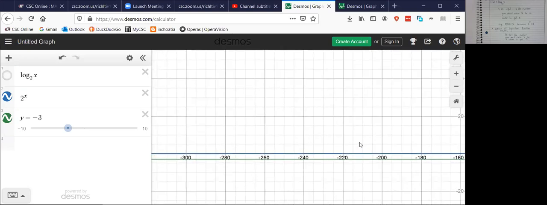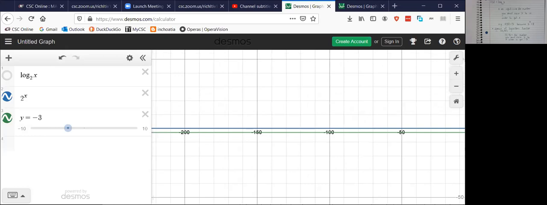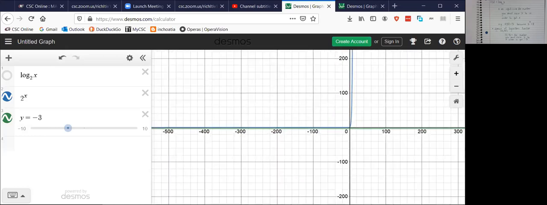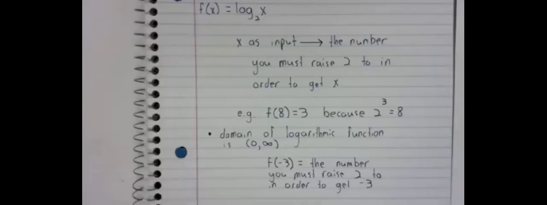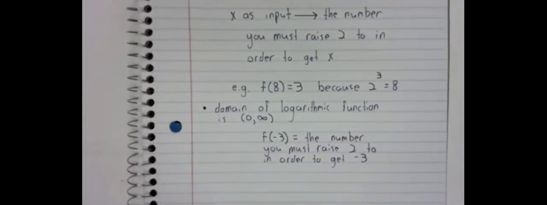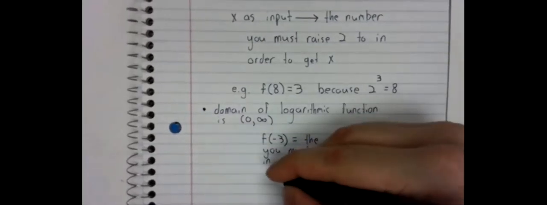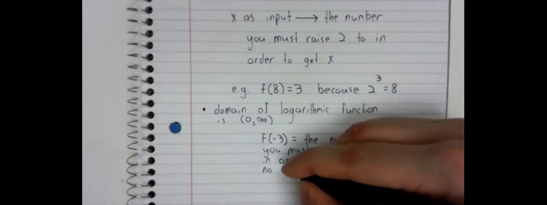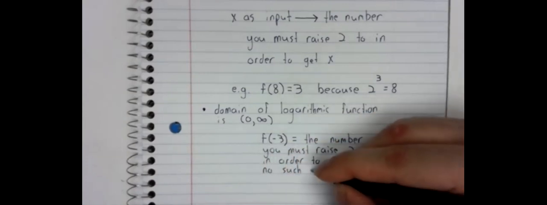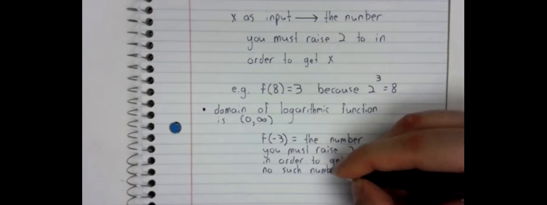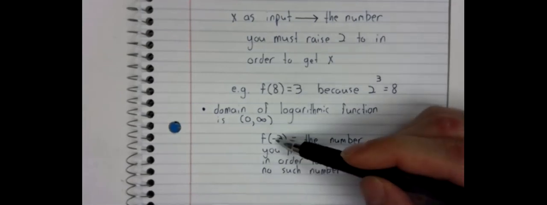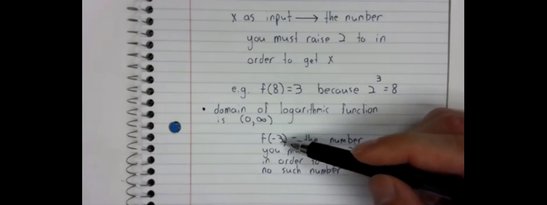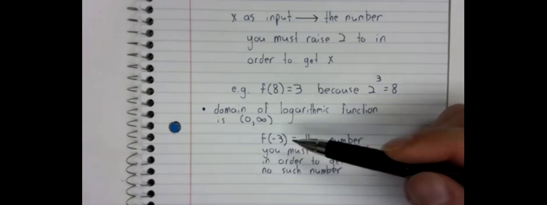It never even comes particularly close to hitting -3. So for that reason, no such number exists, and f of -3 is undefined.